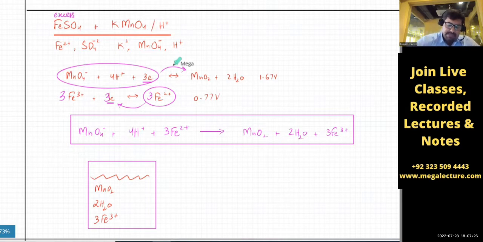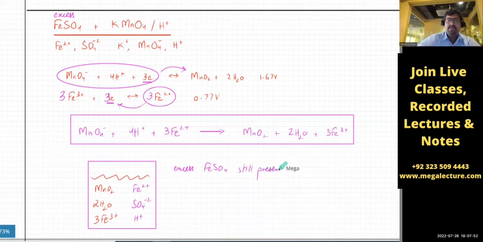So there would be some leftover Fe2 plus that will still be present. And obviously there's going to be SO4 minus 2 that would also be present, and it's acidified, so there would be H plus 1 as well. So this one is still present.